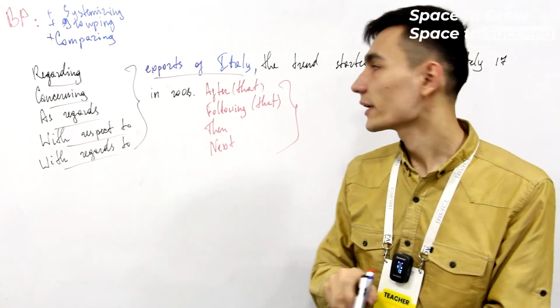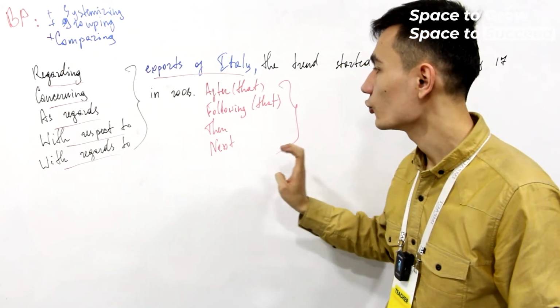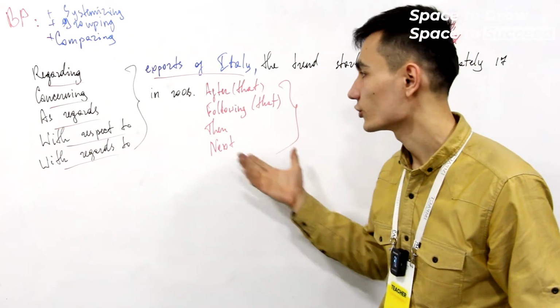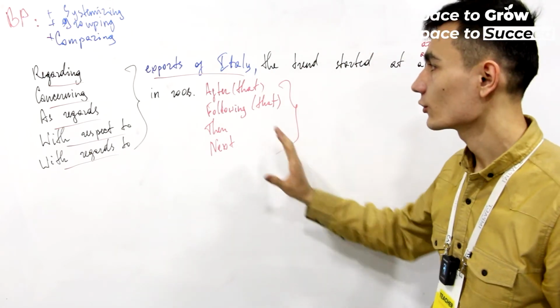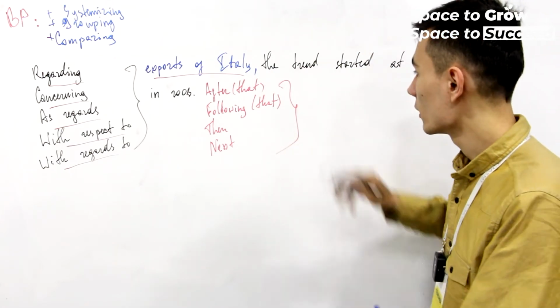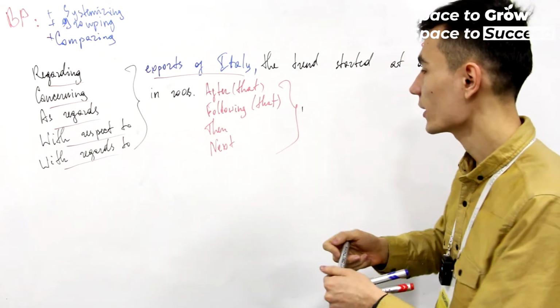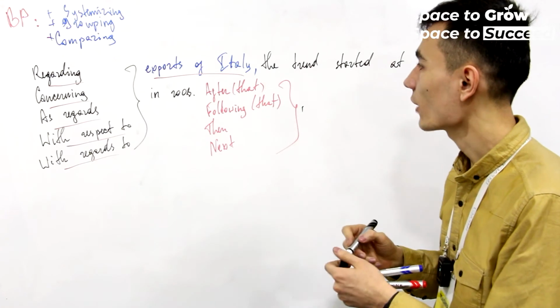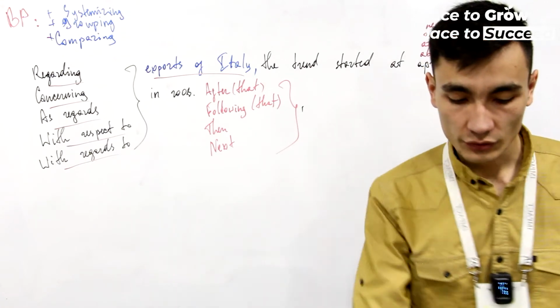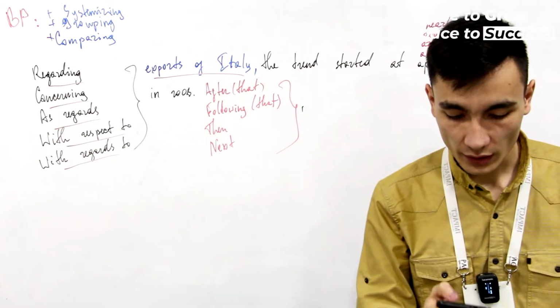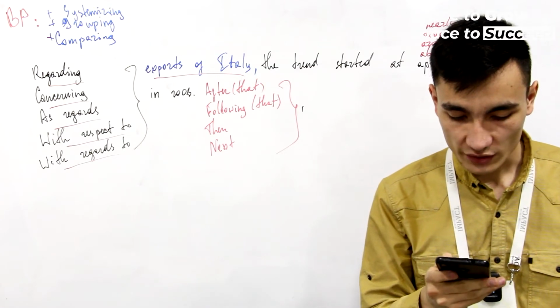We're going to make a video on the use of each one too. So for now, you just have to be content with this structure only. You have to put a comma here, pay attention. So after that, following that, then, next, and as you see, there is no change there.